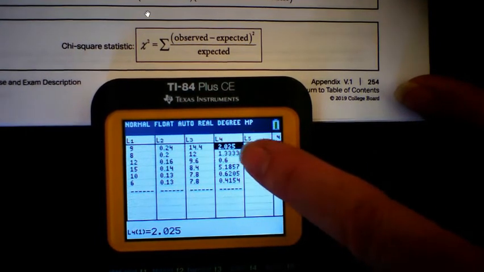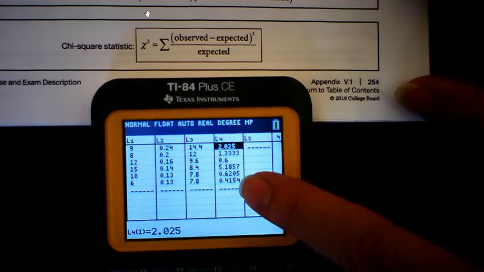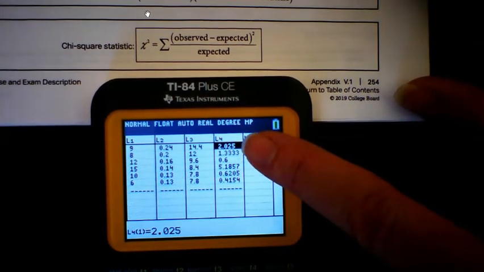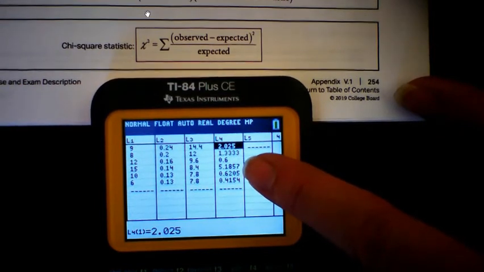Now, all of these together are what we are going to be looking at for evidence. When I look through the values, I can see that this category with the chi-squared of 5.1857, that one is contributing a lot of the evidence.